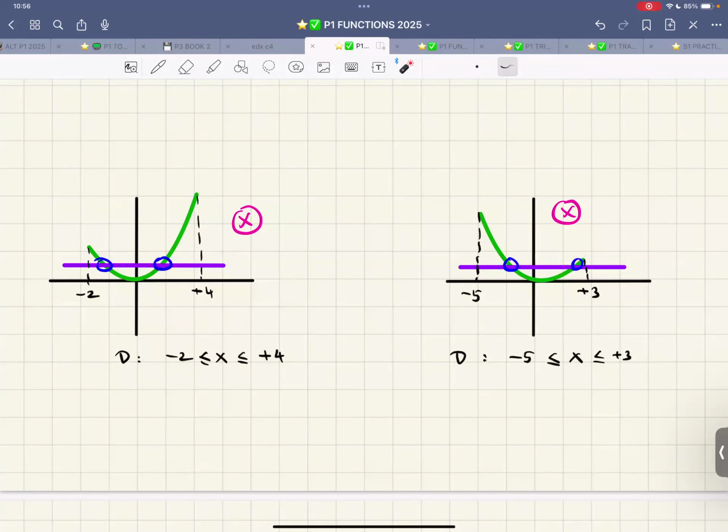So now we talked about quadratics and we converted many to one into one to one. And the decision maker, the game changer, is the turning point, also known as vertex, also known as stationary point.